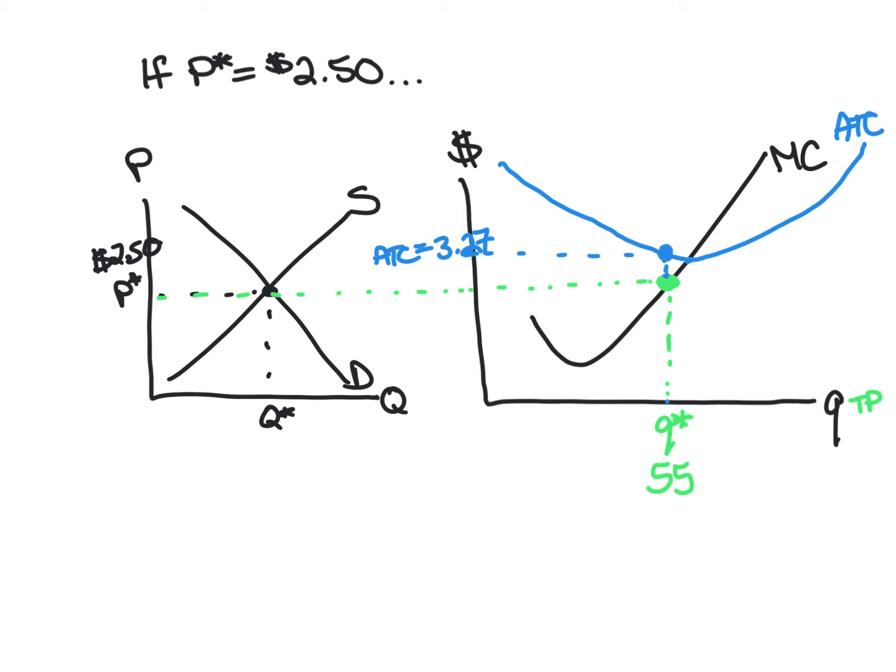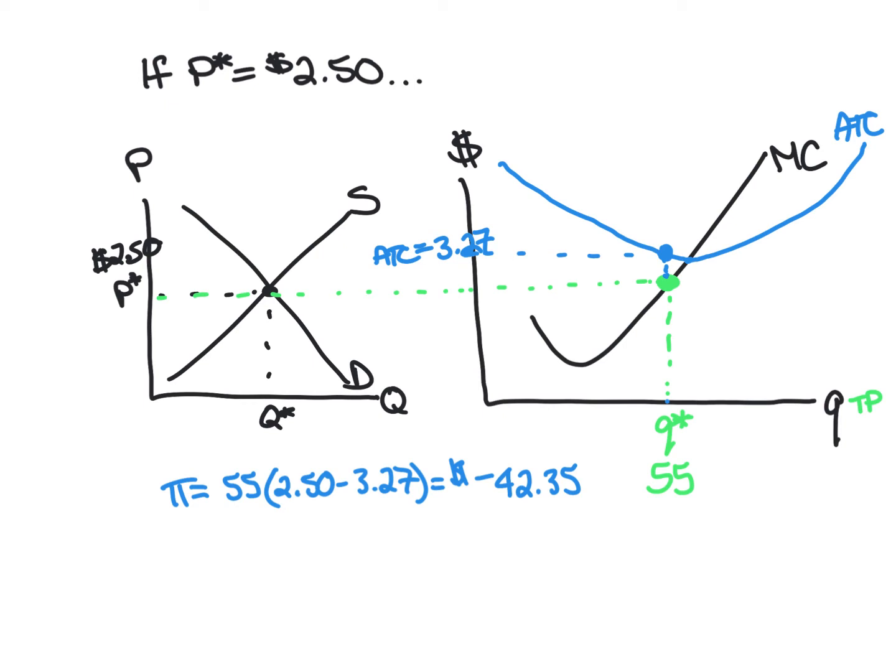So right now, the profits are equal to 55 units times the difference between the market price, $2.50, and the average total cost. So that gives us a profit of negative $42.35 if we want to be exact. All right.